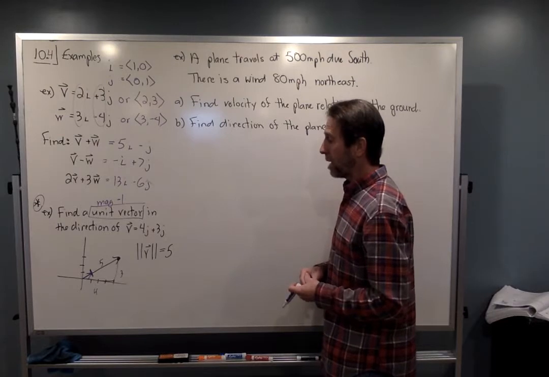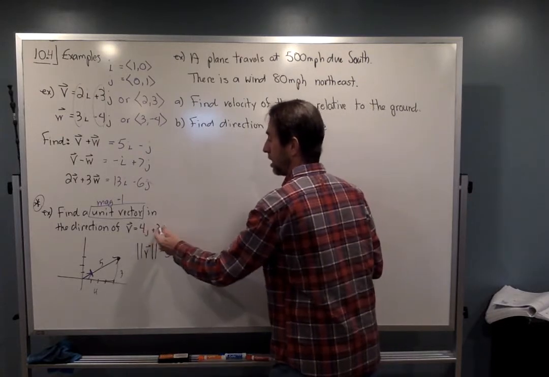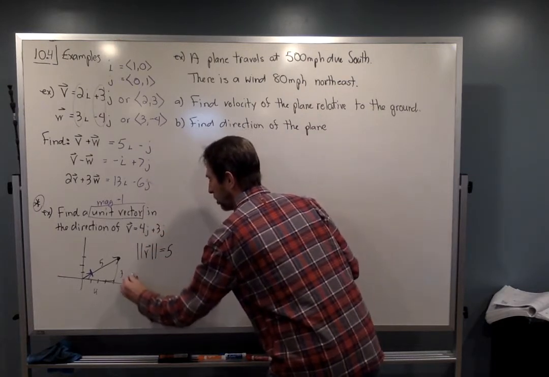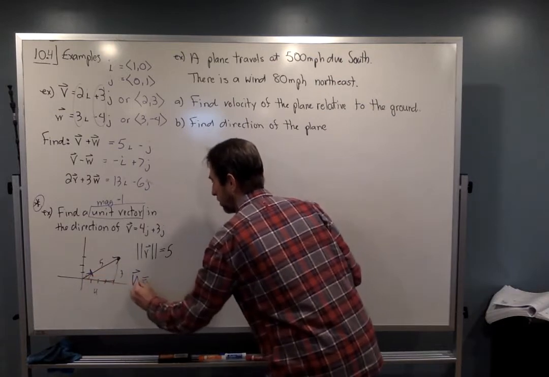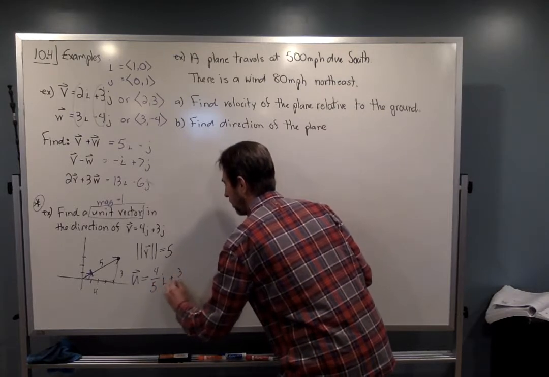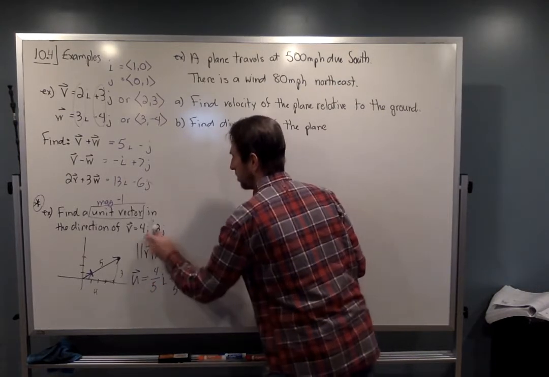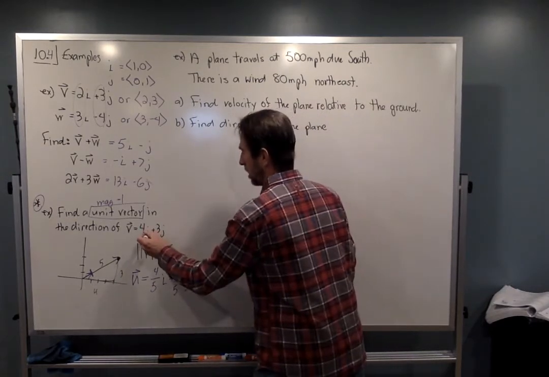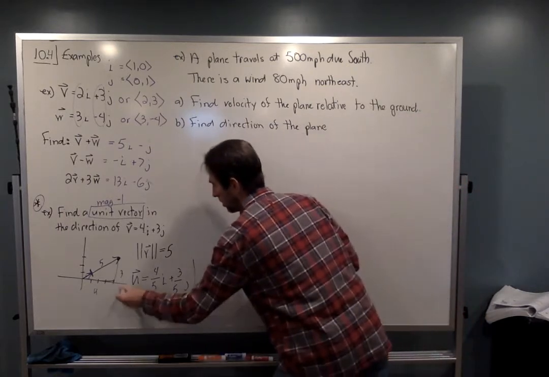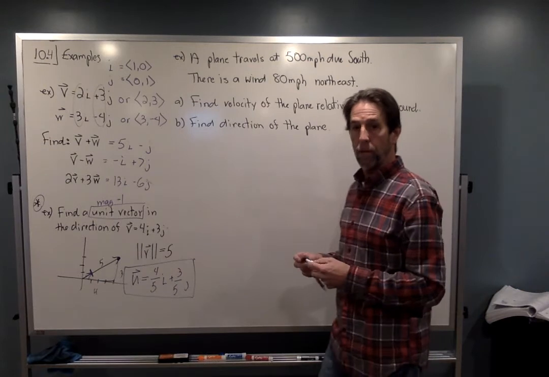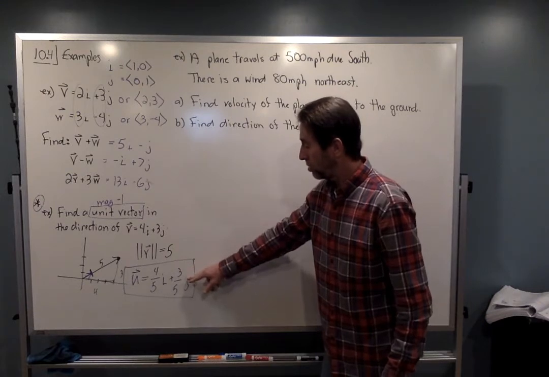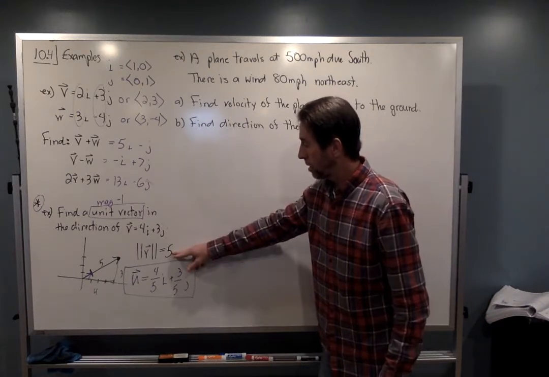So if you think about how I came up with that, well, I just have to take these components, the 3 and the 4, and I'll call this new vector u. That would be u equals 3/5 i plus 4/5 j. So this is now a unit vector, but it's in the same direction as the original. And you can check both of these. You could find out what the angle is, and you could also find out how long this one is by finding the magnitude, and you would find it to be 1.